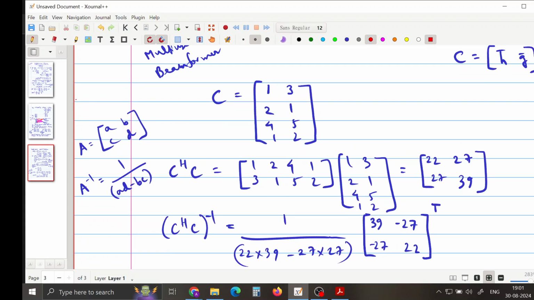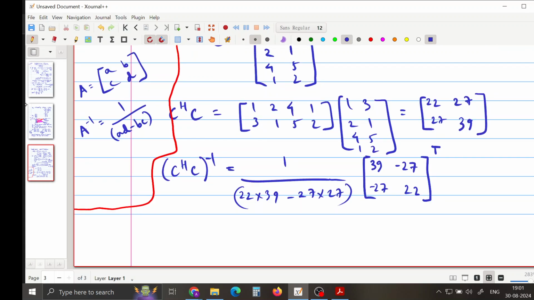Maybe I'll just do this roughly. I think it was C Hermitian C. So as I was saying, the inverse would be, you first divide by the determinant AD minus BC, and you swap these diagonal elements with no change of sign, so D and A, and you also swap the off-diagonal elements.